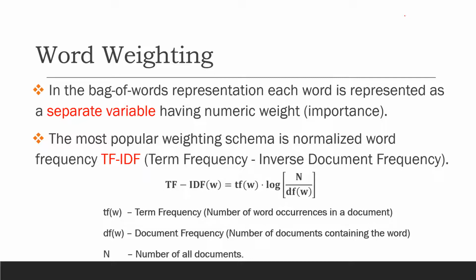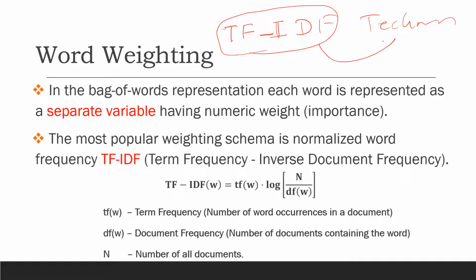One of the methods we use to calculate the weight is called TF-IDF, the term frequency inverse document frequency technique. In your final exam, I will ask you to find the weights of the words by using the term frequency inverse document frequency methodology. You need to apply this methodology to calculate the weights of each word in the given documents. That is the way I will ask the question in your final exams.